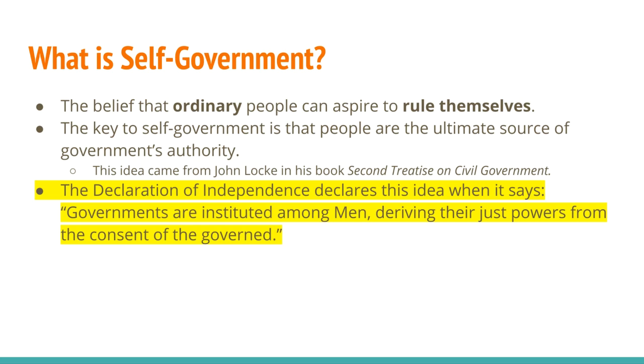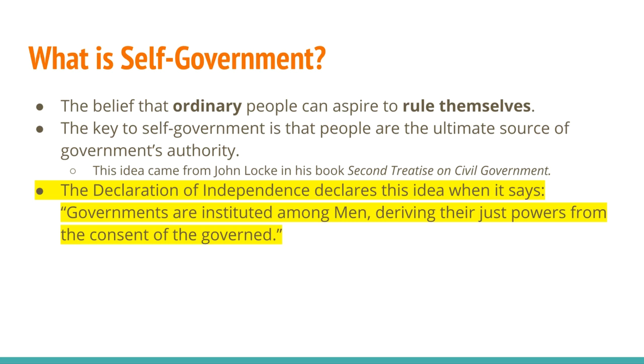Okay? The people who are ruled over by a monarch, by a king, they are the source of the power. The Declaration of Independence declares this idea when it says, quote, "Governments are instituted among men, deriving their just powers from the consent of the governed," end quote.